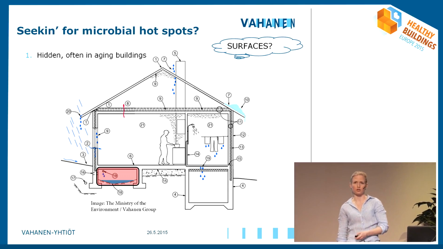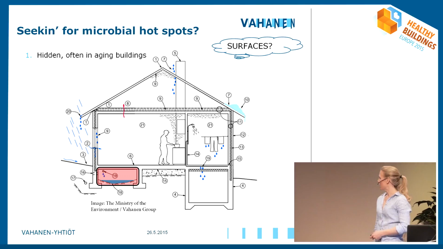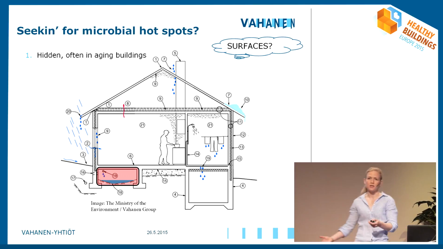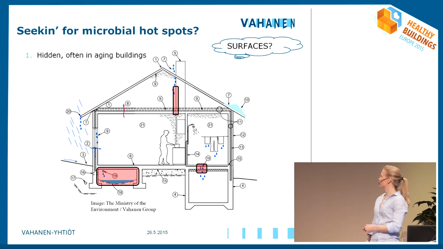If you have too much moisture in the crawl space, it's pretty obvious. And then pipe leakages are quite obvious, and roof leakages. There is an ice dam that forms in the springtime when heat is leaking out of the roof and creating ice there, and that leads to roof leakages more easily.